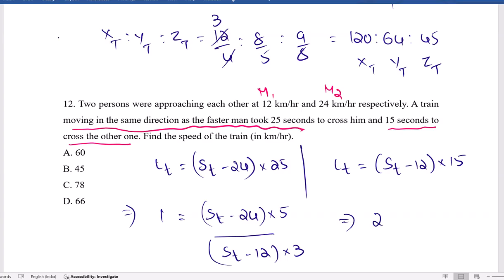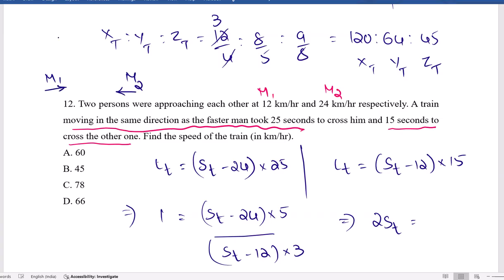5ST, 3ST, 2ST, 36 and 120. This 120 and 36 difference, then divide by 2 should be the answer. And wait. Here approaching each other. Approaching each other means they are moving in opposite direction.